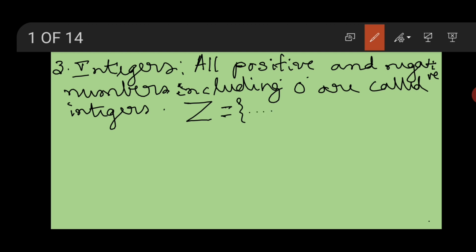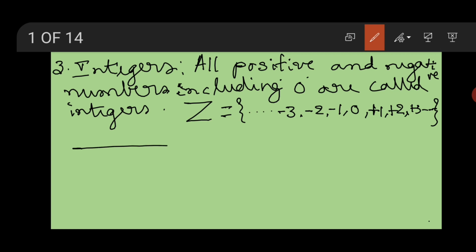And it is denoted by the letter capital Z. So integers are all negative numbers, -3, -2, -1, including 0, positive numbers +1, +2, +3, like that, and so on.